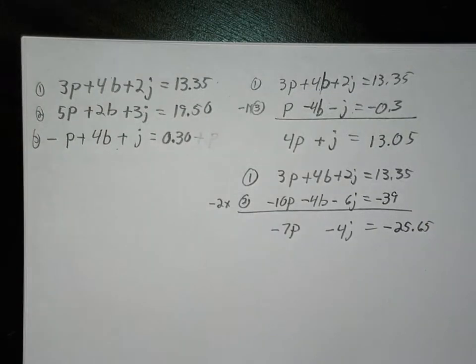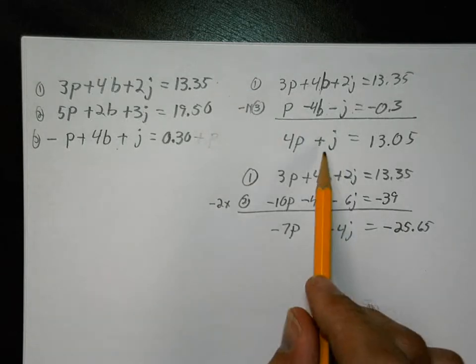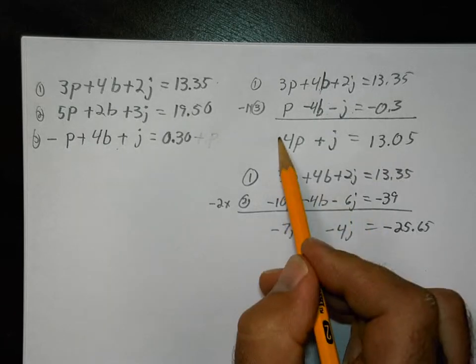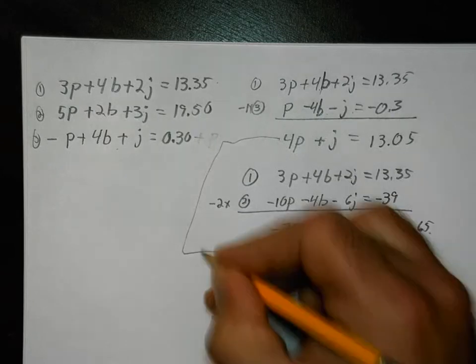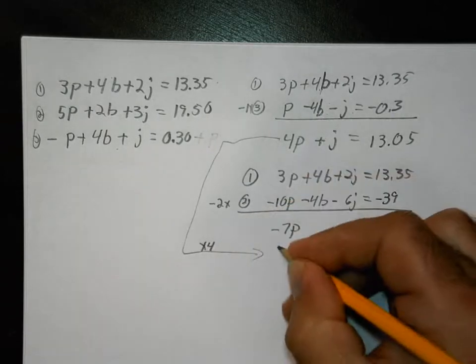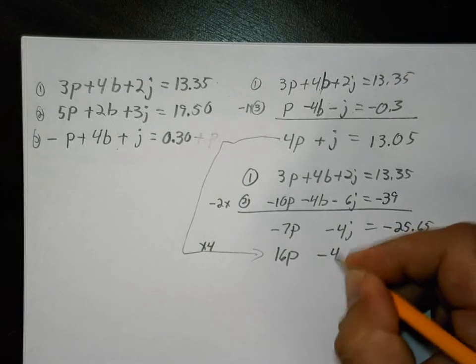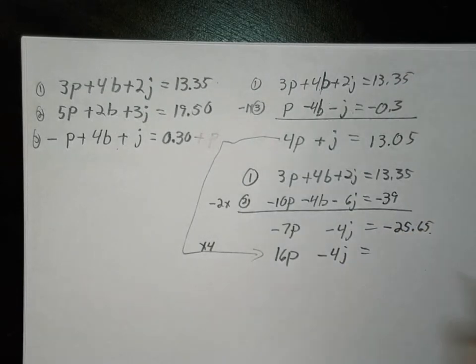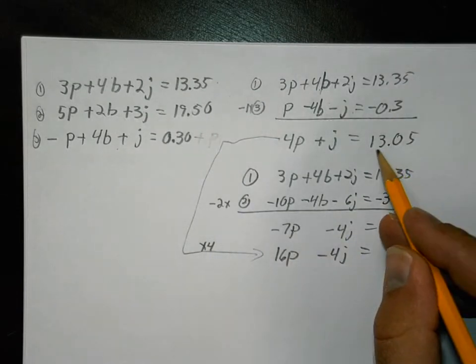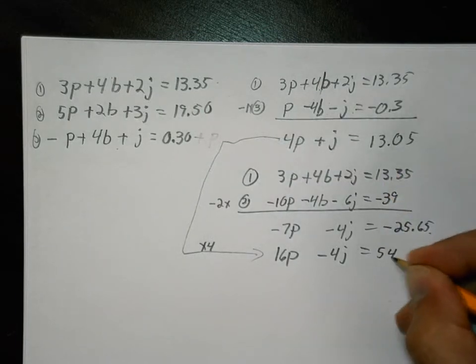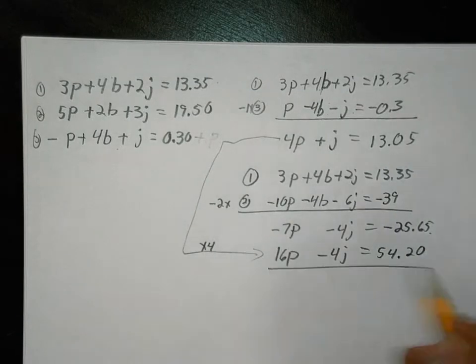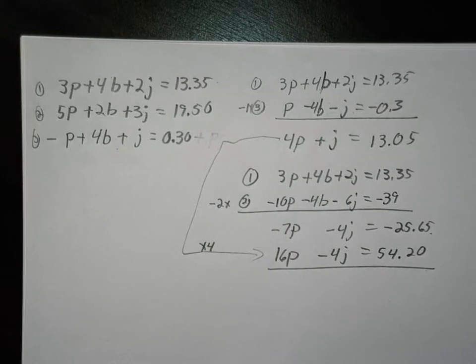Now I have my 2 equations with the p and the j, and I can do elimination. It looks like I could take this equation and multiply it by 4. I'm going to save some time and just write it right here. So you get 16p plus 4j equals 4 times 13.05, which would be 52.20.